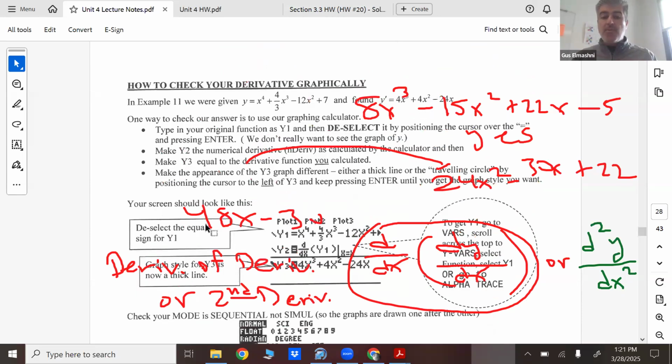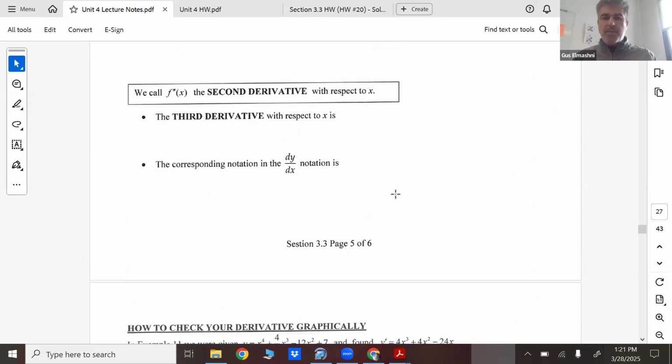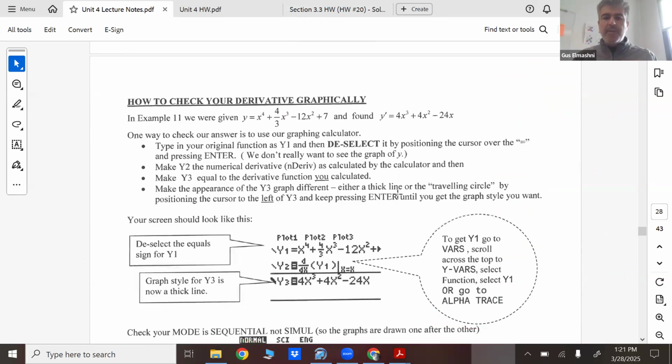Calculator work, how to check your derivatives in the calculator. So we found this earlier, right? Example 11, which was a while ago. The original function was that, the derivative is that. How do you know you did the derivative correctly? I think I showed this to you guys already, but I'll do it again. You can graph the original function, graph the derivative by doing d dx of y1 with x equals x, so it actually graphs the derivative for you, and then enter the derivative found by hand as y3.